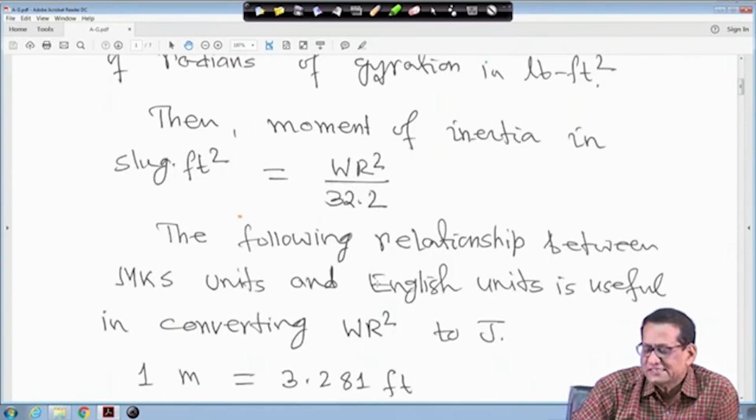The following relationship between MKS unit and English unit is useful in converting W r square to J, that is moment of inertia.